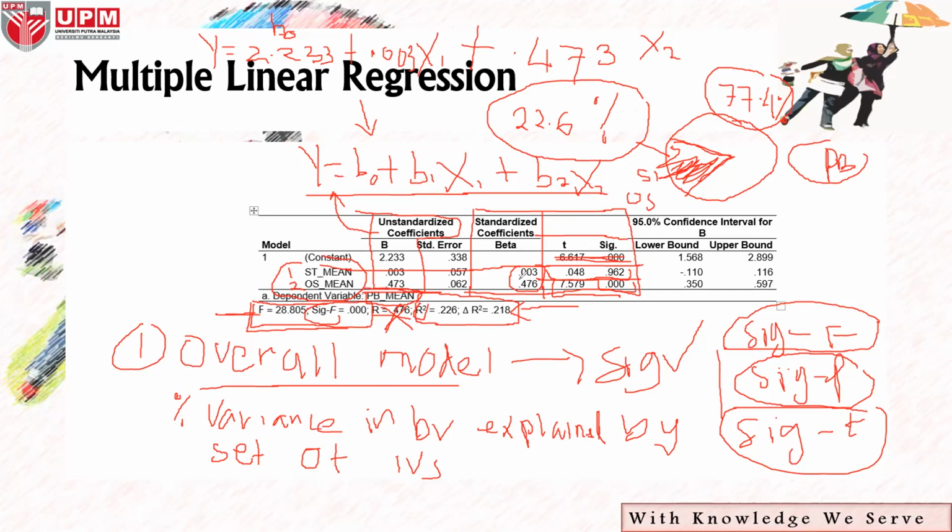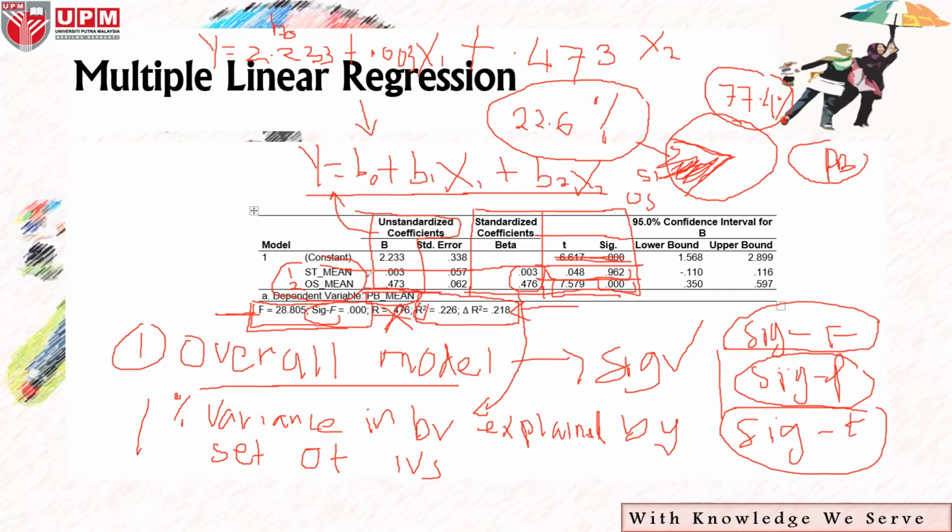Now, the standardized beta coefficient is read similarly to the R-square value, because this one explains the percentage of variance explained by an individual variable towards the DV. Earlier was overall, but this one is individual.